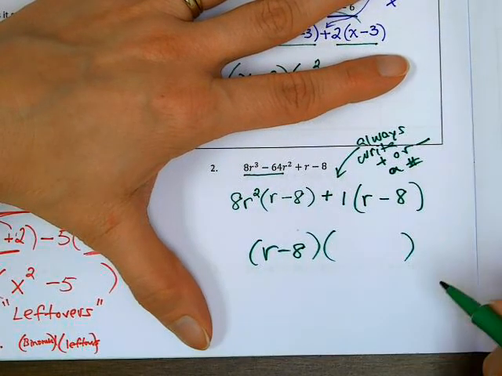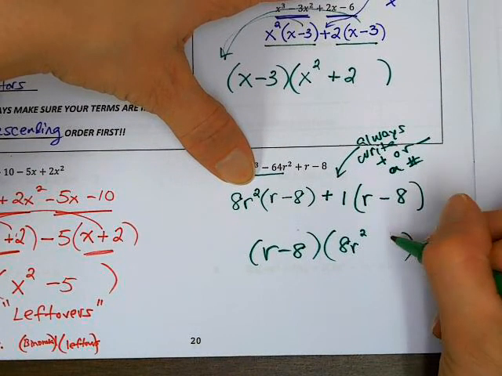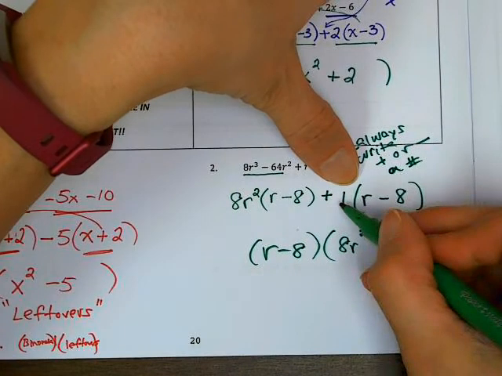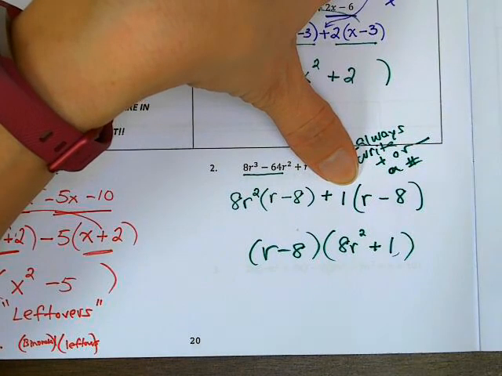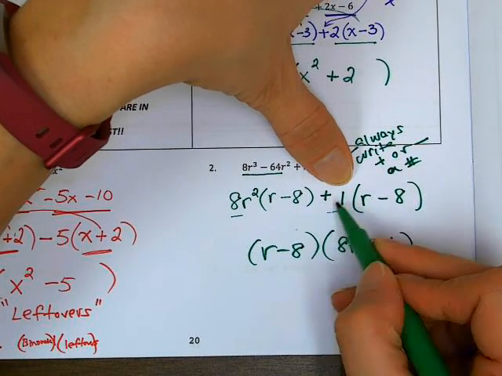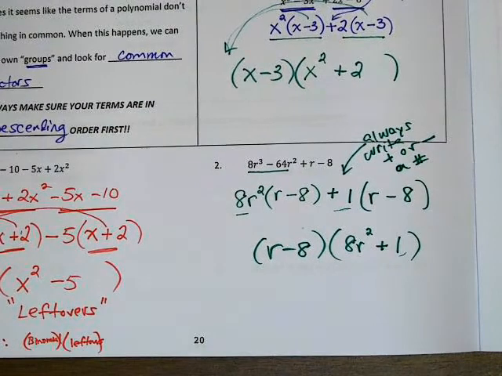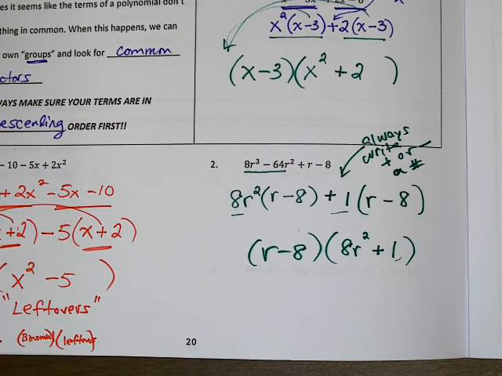And then the leftovers are 8r squared. And then, oh, good thing I had something there, plus 1. Okay, you have to have 2 things. 2 leftovers have to go there. So you have to say plus 1, even if there's nothing. Okay, great job learning factor by grouping.